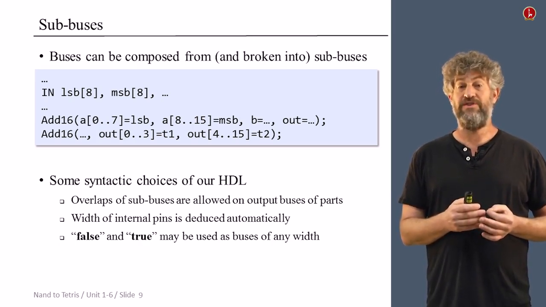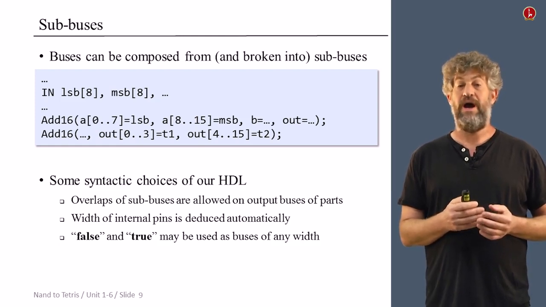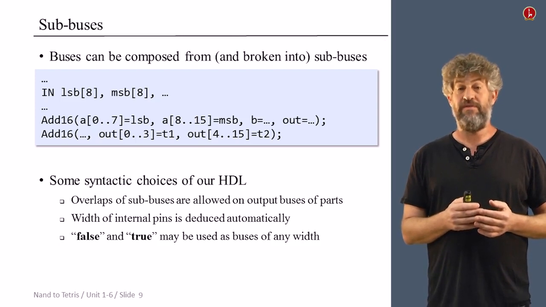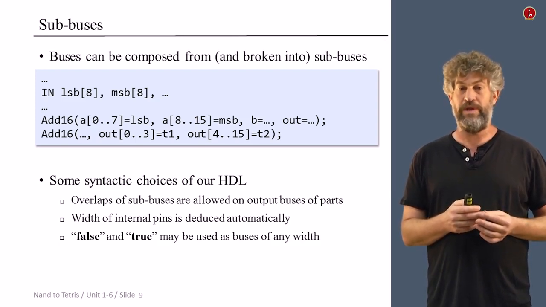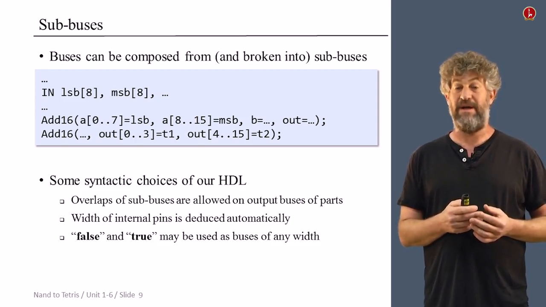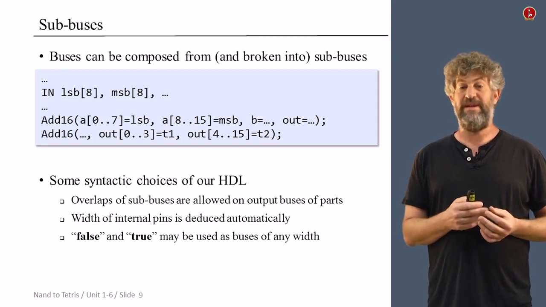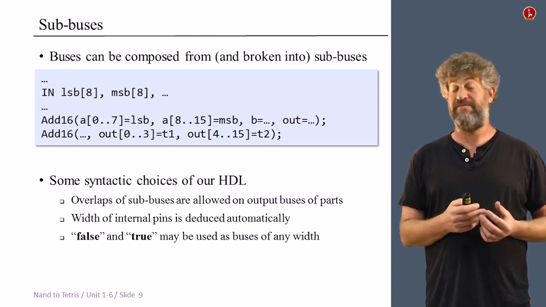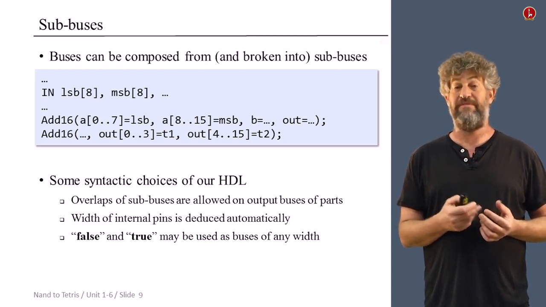I would like to say just a few words about some peculiarities of our HDL that you may find convenient to use. First of all, we do allow overlaps of sub-buses. So you can take, let's say, bits 0 to 5 and output them as one bus of 6 bits, and then again take bits, let's say, 3 to 7 and output them as another bus.